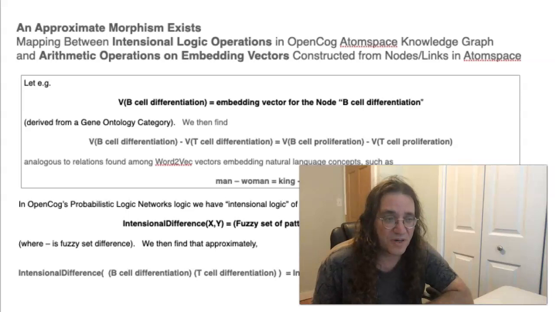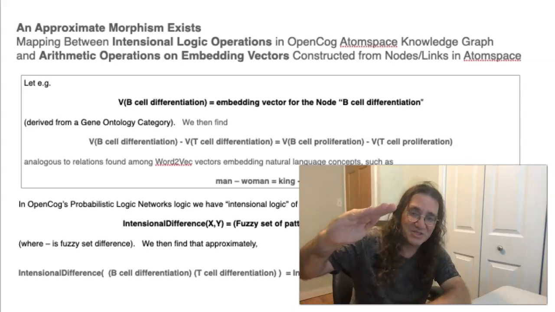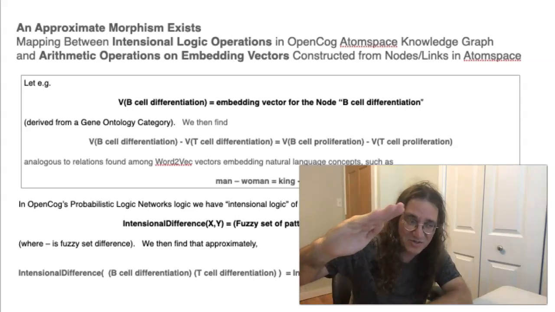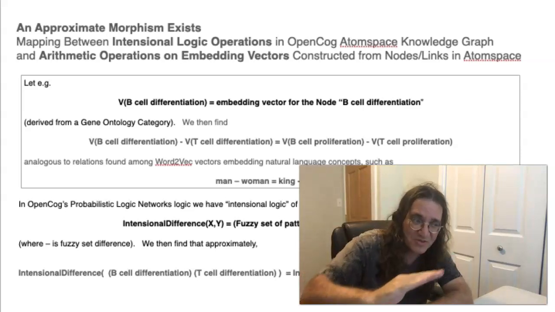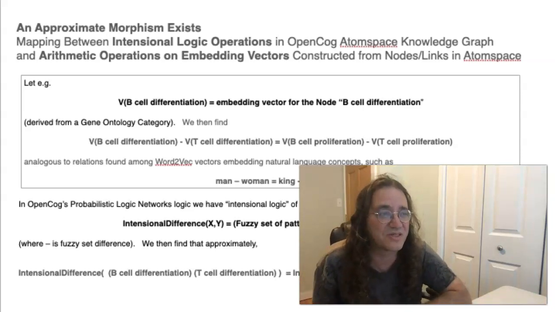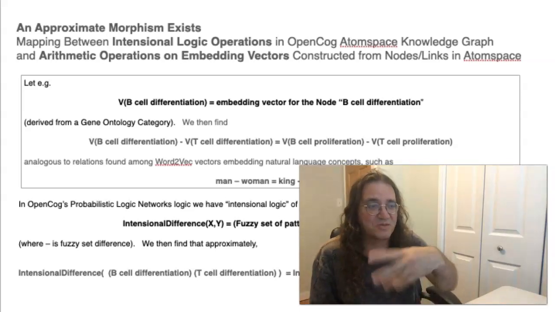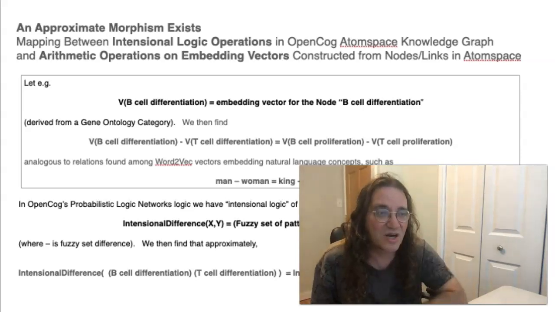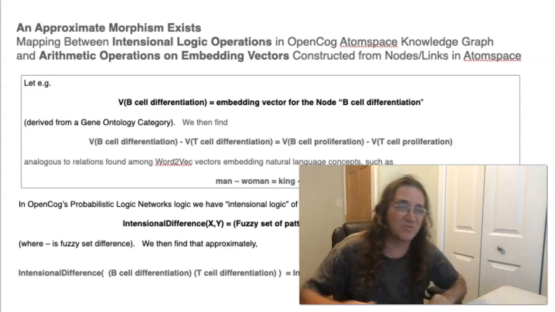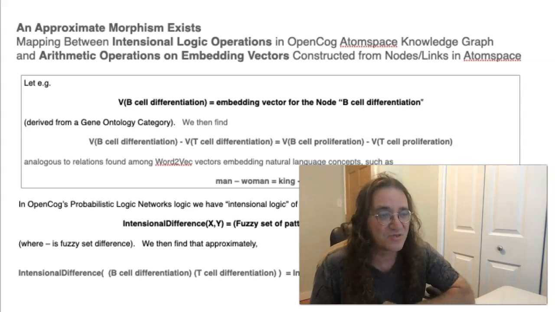So that's one correspondence. Now I want to talk about a subtler correspondence of aligning differences in the logical space with differences in the vectorial space. So if you look at the notation on this slide, if you have a gene ontology category node called, like, B cell differentiation, just the process of a B cell, which is a kind of immune cell, differentiating, call V of B cell differentiation the embedding vector DeepWalk produces from that gene ontology node in the atom space.